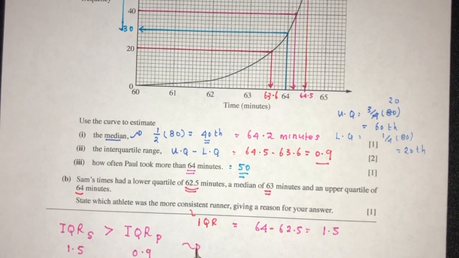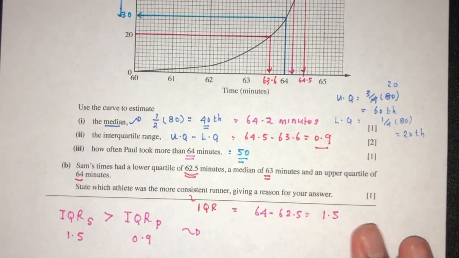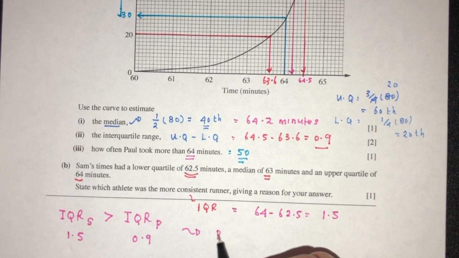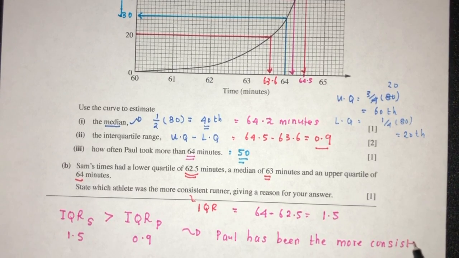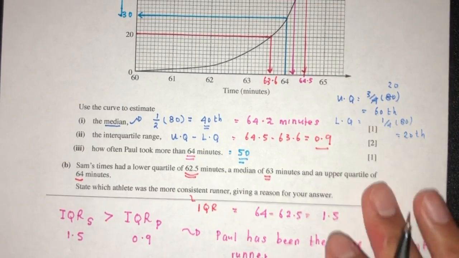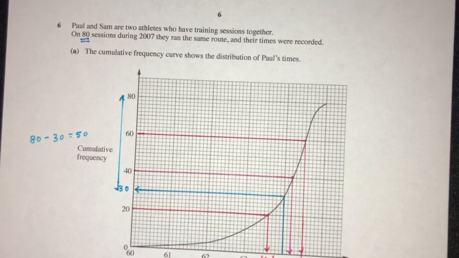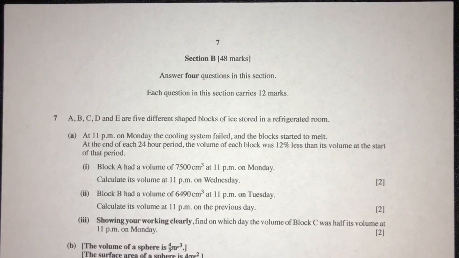By comparing those two values, it proves that because the difference in times is more here and less here, Paul has been the more consistent runner. That's the reason why. Okay, and that is part B of your question, and that is your question number 6. So now let's move on to question number 7.